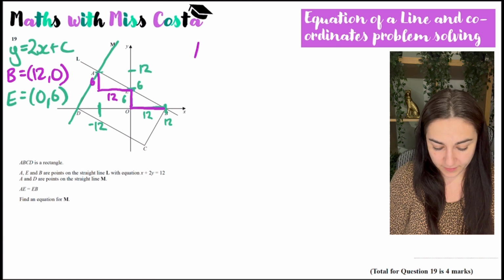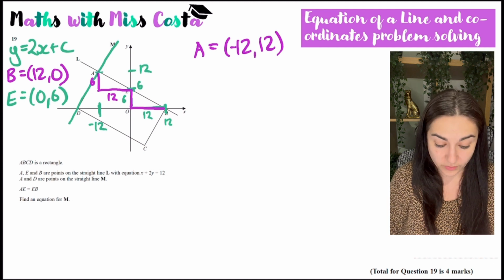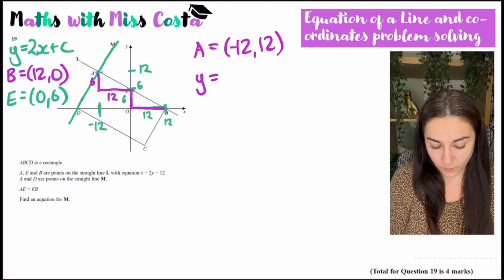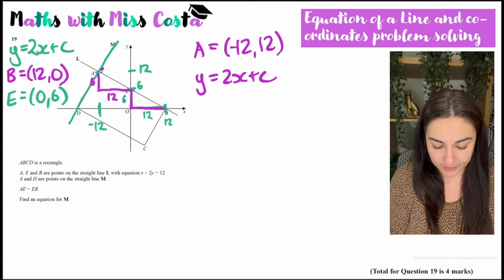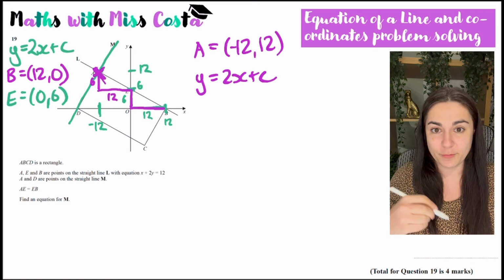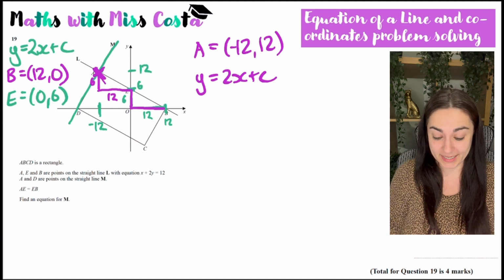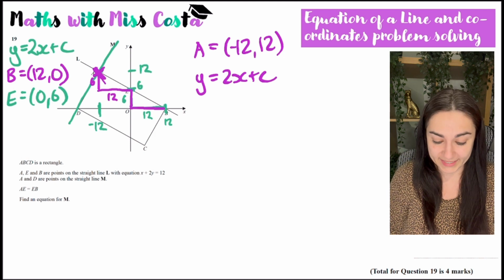So now I know that the coordinate of A is minus 12, 12, and that is a coordinate on the line of y equals 2x plus c. So I figured out what this coordinate is because my line goes through it, and if my line goes through it, I can use the x and the y value and substitute it into my equation to figure out what c is.